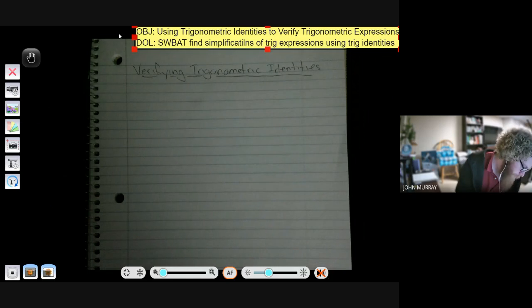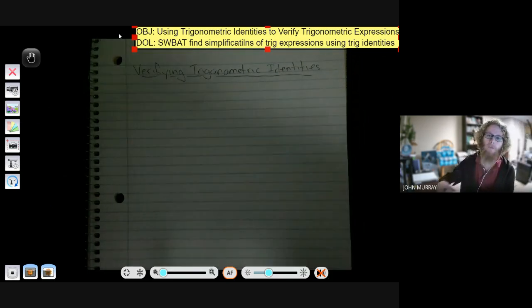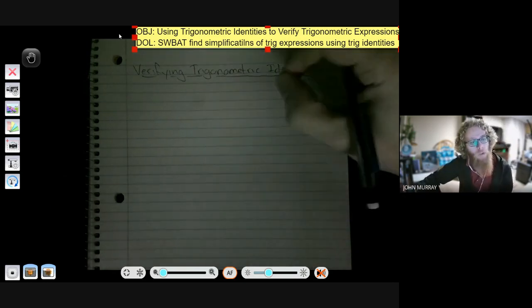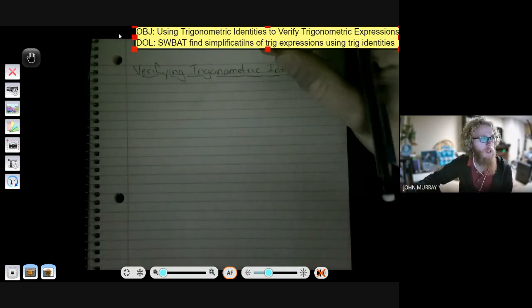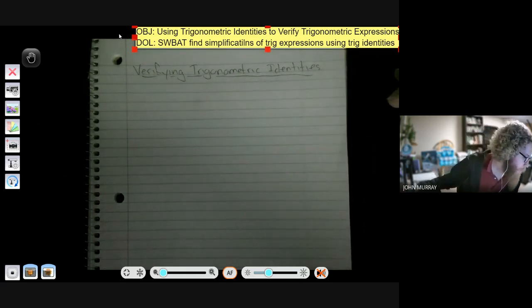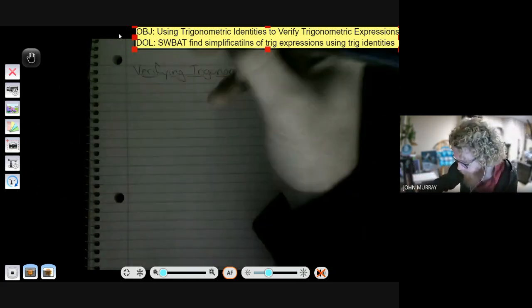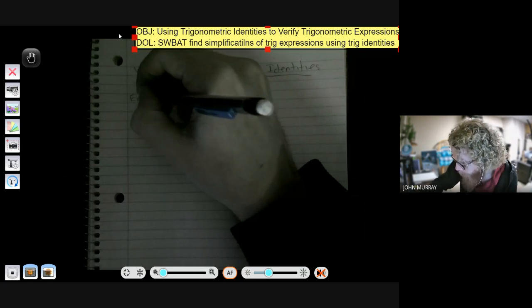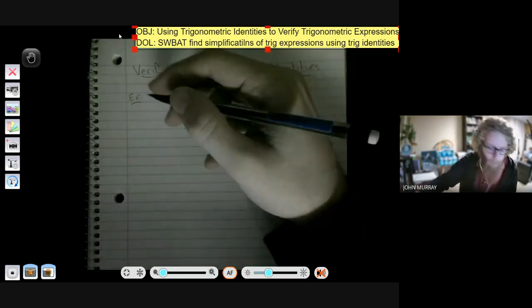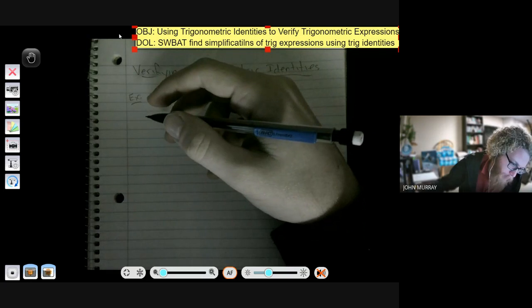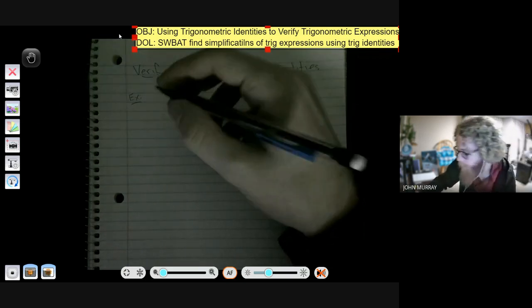This is similar to simplification, but now we know what the end goal is. Okay, I know where I want to go. So let's just start with an example because it's really kind of self-explanatory, especially with what we just did. Let's see, I'm trying to pick a good one here. Okay, let's do that one.